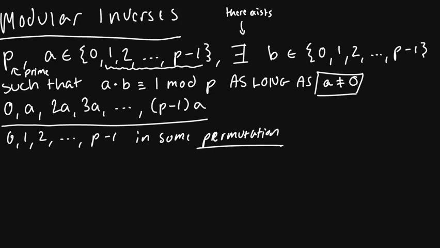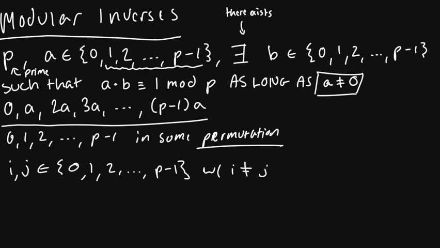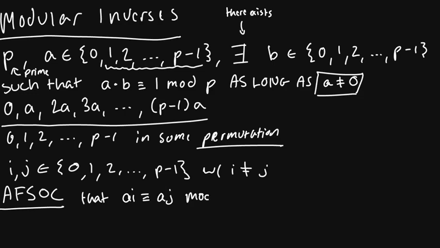Well, let's assume that for two integers i, j, in the range 0, 1, 2, dot dot dot, p minus 1, with i not equal to j, we will assume, for sake of contradiction, which is what AFSOC stands for, that ai is congruent to aj mod p.